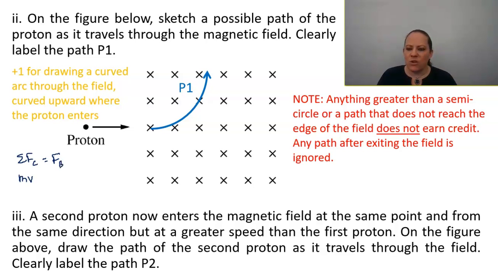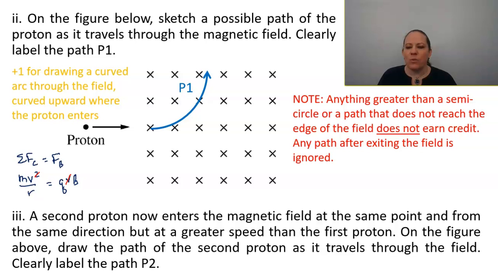So centripetal force is m v squared over r. That's going to be equal to q v B, and I'll leave off the sine theta because it's 90 degrees, so it's just going to be 1. And so notice that one of the powers of v on the left will cancel out with the only power of v on the right.